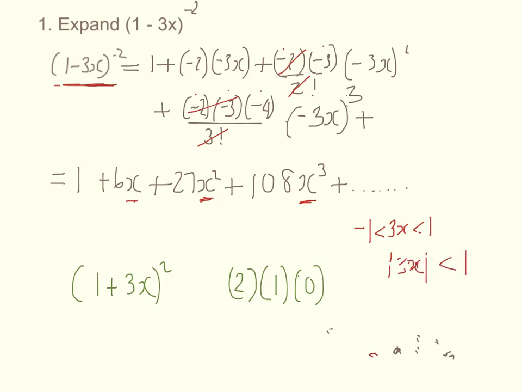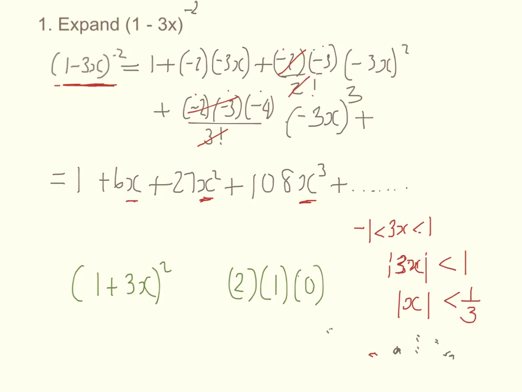So this sequence is valid as an approximation as long as the x, x squared and x cubed terms are getting smaller. Another way of writing that would be to say the modulus of x is less than a third. So as long as we've got small values of x, this is a valid expansion or approximation for (1 minus 3x) to the minus 2. But it is only an approximation because obviously we could add more terms.